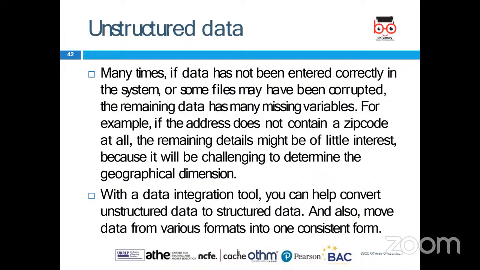There is also unstructured data. For example, if an address does not contain a postcode or a zip code at all, the remaining details might be of little interest, because it will be challenging to determine the geographical dimension.